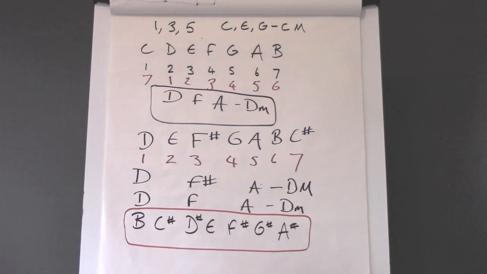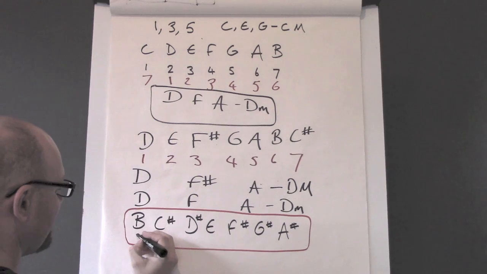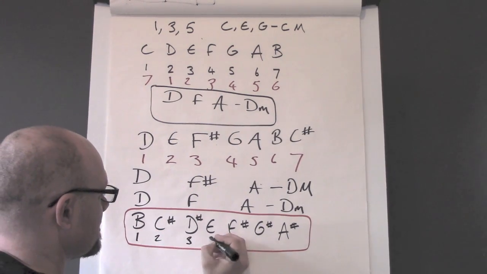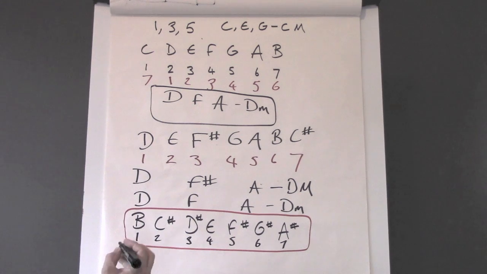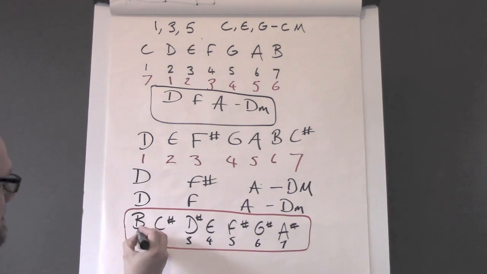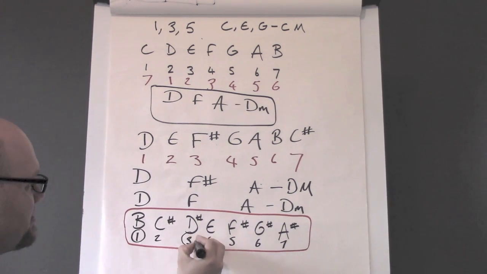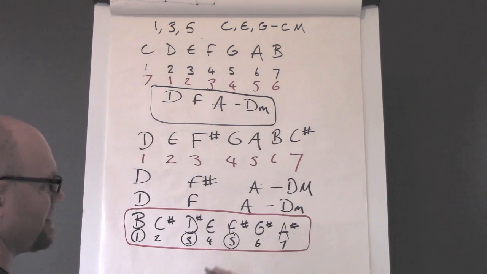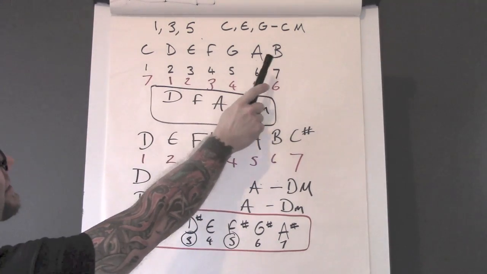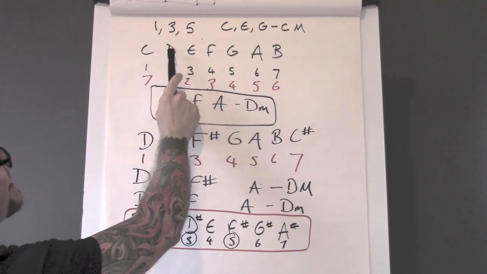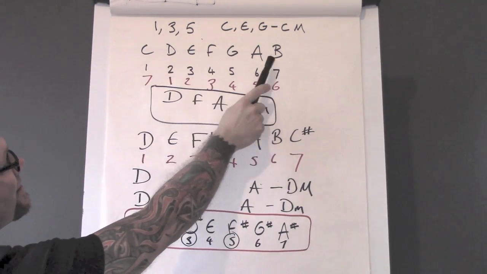So in a B major scale we have a lot more sharps. Okay, so if we were going to pick the 1, 3 and 5 from here, we'd have B, D sharp and F sharp. So we've got to flatten, because we're in the key of C, we're going to go from B, D and F.